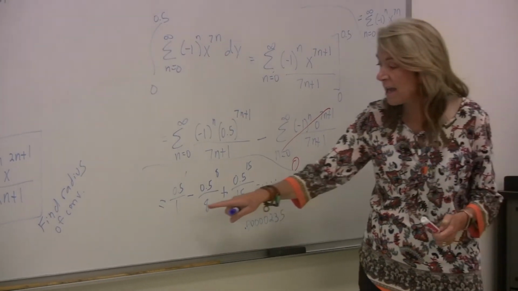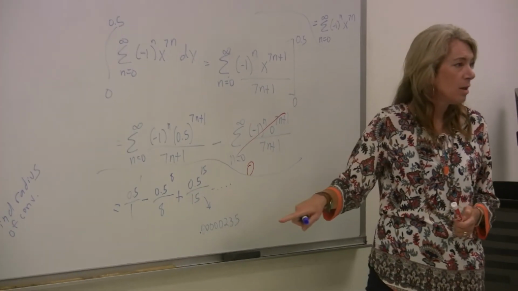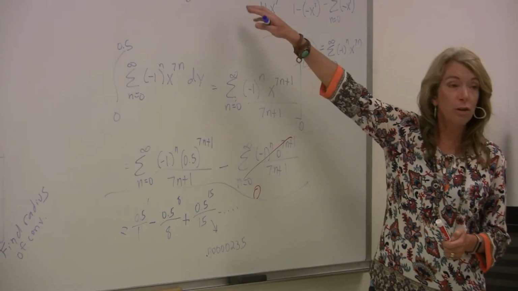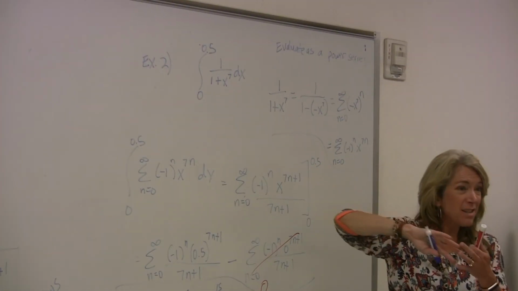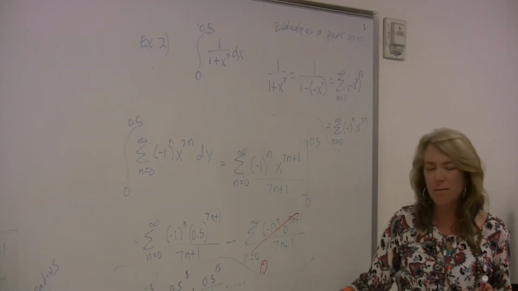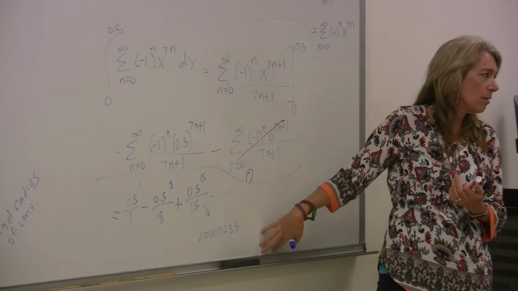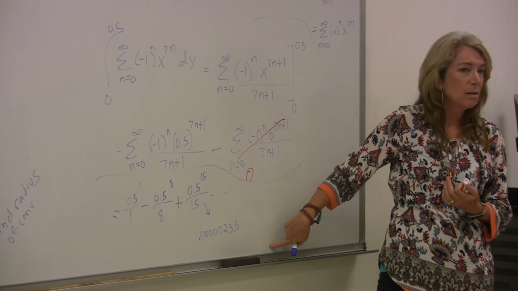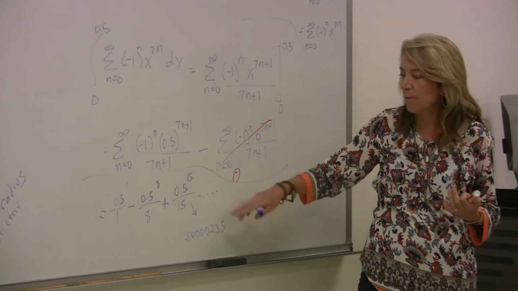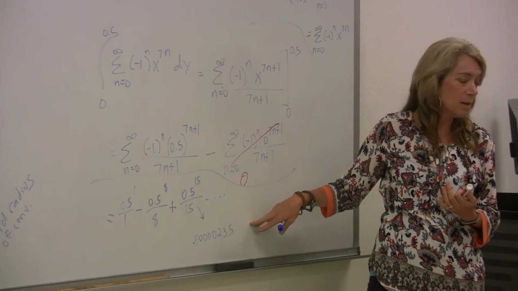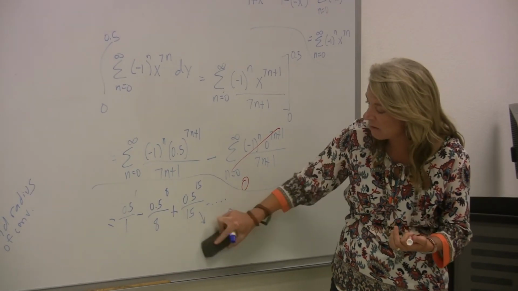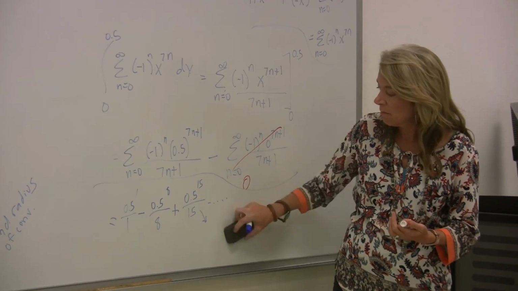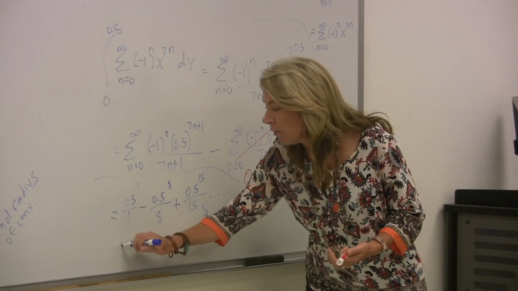So if we just add these 3 terms, that's a really good approximation for the whole thing. Yes, there's an infinite number, but the next term after this is going to have like 13 zeros, since this one had 6 zeros. We don't need more than 3 decimals. So we would just need to add these 3 terms to get an approximation for what the whole thing equals.